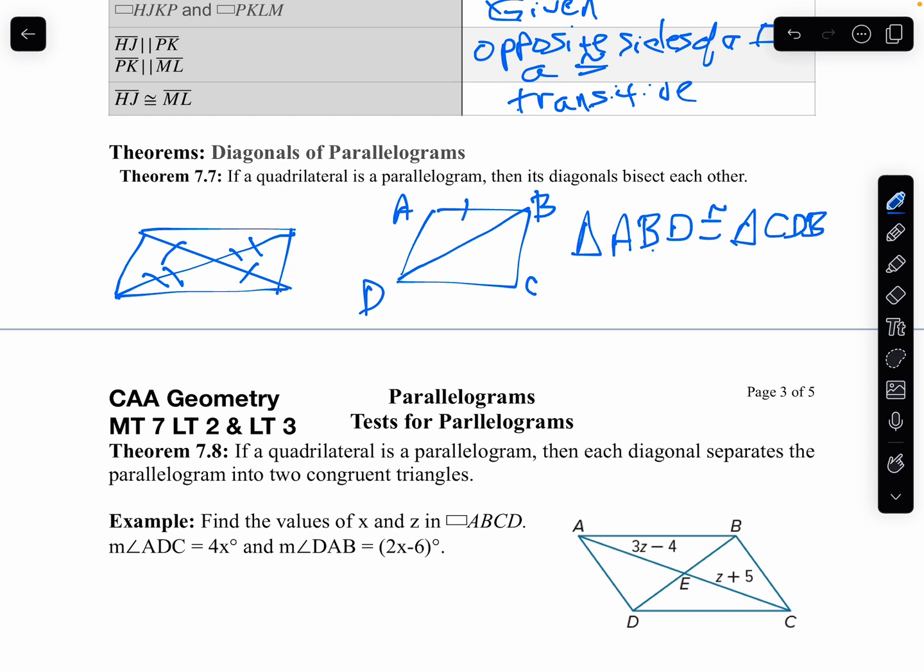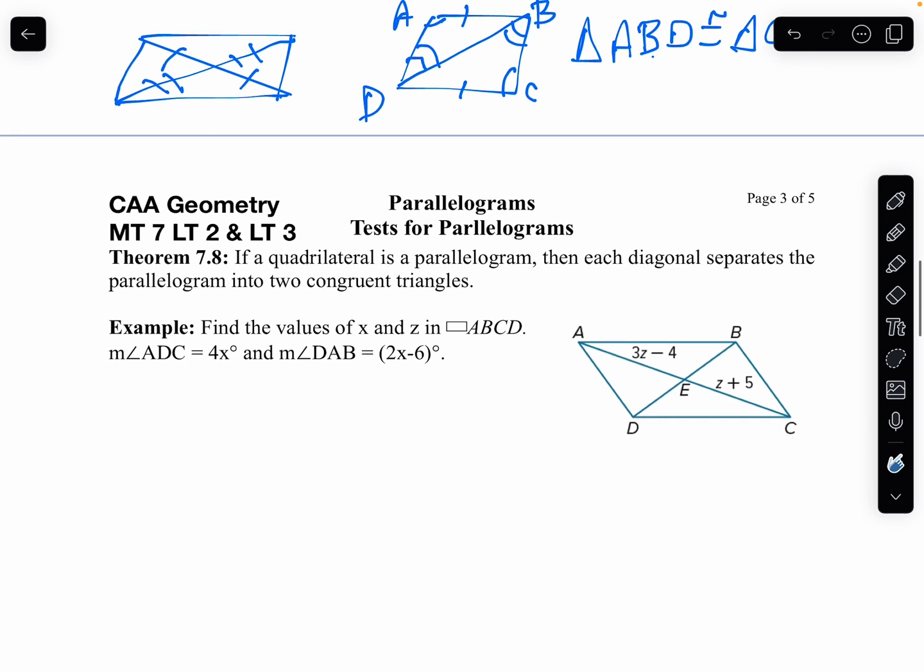Because remember, I know the opposite sides are congruent, so they match up. I know angle A and angle C are congruent. And since it's a parallelogram, I got alternate interior angles anyway. So I can see that I got various reasons: side-side-side, angle-side-angle, angle-angle-side, they all show up. Now let's apply that on our next example, which I think I'll do in the next video.